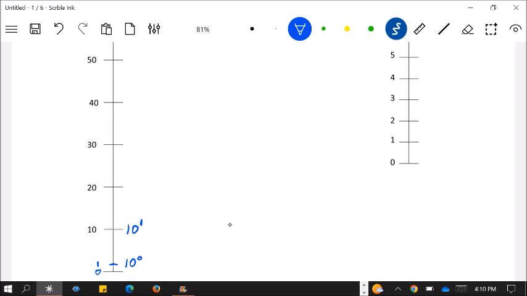First thing is I want to see where is 10 to the 1.5? Where's the midpoint of it? So 10 raised to the power of 1.5 is about 31.6.